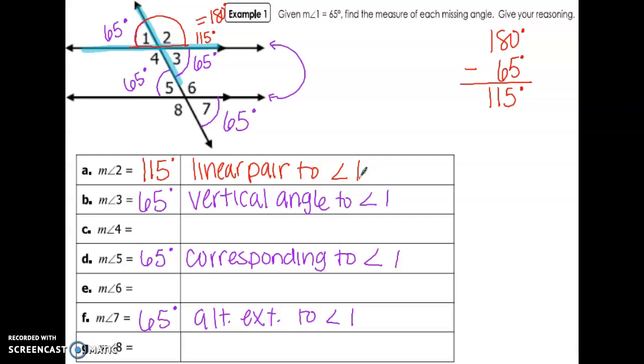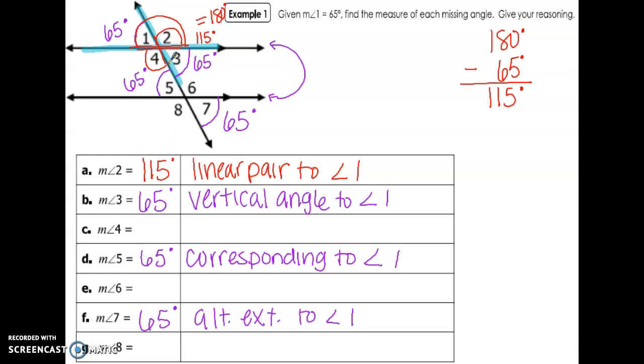And then from there, there's a couple of ways you can go about these. Again, you can have a million ways to solve them. But what I would do is start looking based off of angle 2. I already know what angle 2 measures. So I'm going to say, well, angle 2, here's an x. Isn't angle 4 vertical to angle 2?